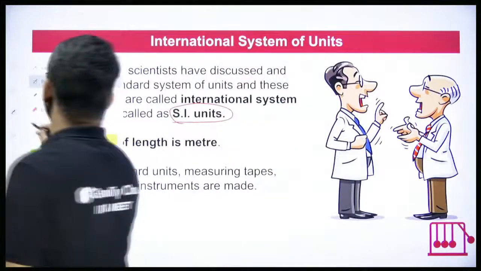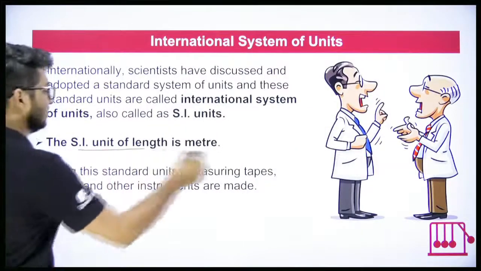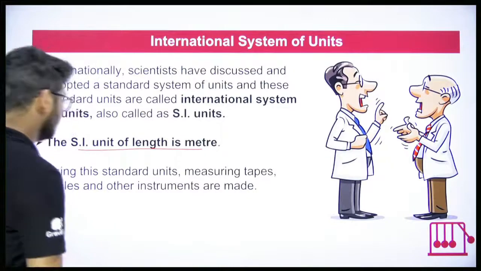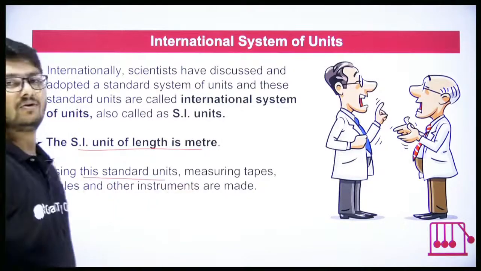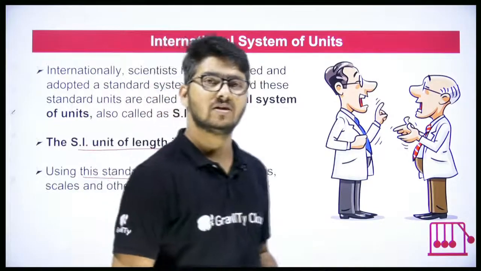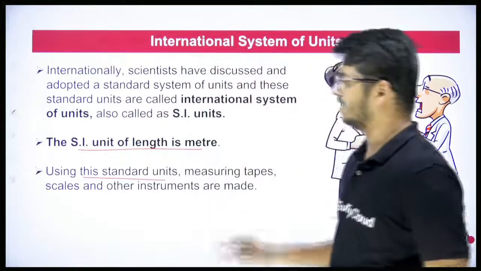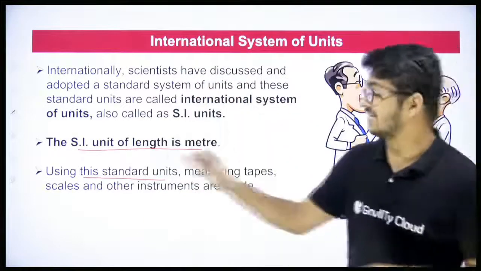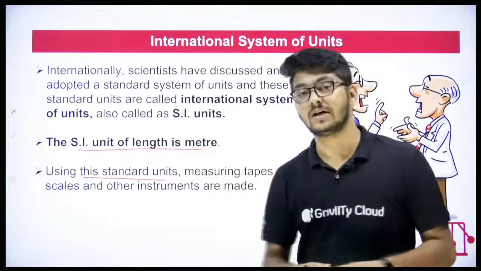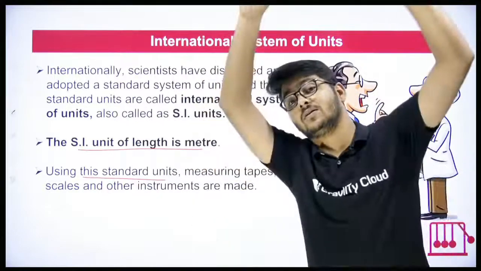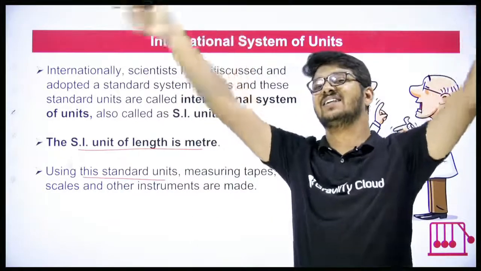Okay, good. So they have given some examples here. The SI unit of length is meter. And using this standard unit, they defined what meter is. After they have defined what meter is, using 1 meter, every other device has been made.